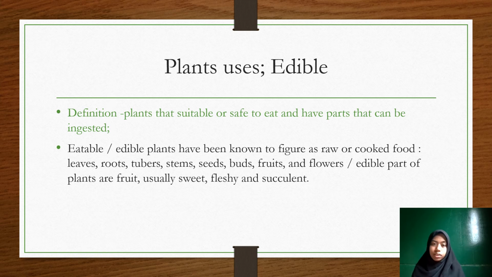And the plant use, edible, is defined as plants that are suitable or safe to eat and have a part that can be tasted. Edible plants have been known to be eaten raw or cooked: fruit, leaf, roots, tubers, stems, seeds, and flowers. Edible fruit is usually sweet, fleshy, and succulent.